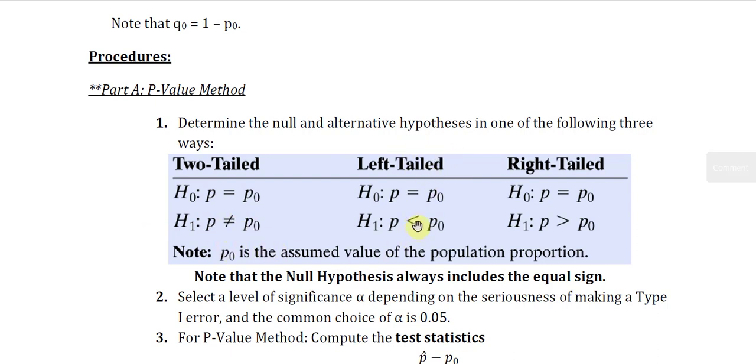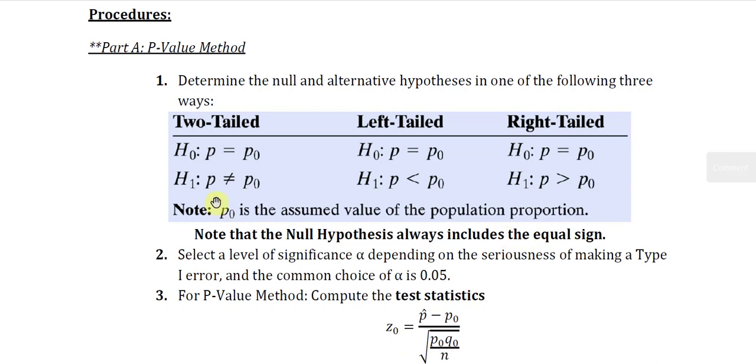The left tail is less than the claim value, which is pointing to the left, and the right tail is bigger than the claim value, pointing to the right. And p0 again is just the claimed value of the population proportion. The null hypothesis always includes the equal sign. You can see here equal, equal, and equal.